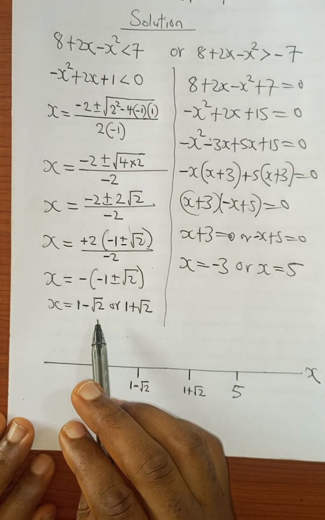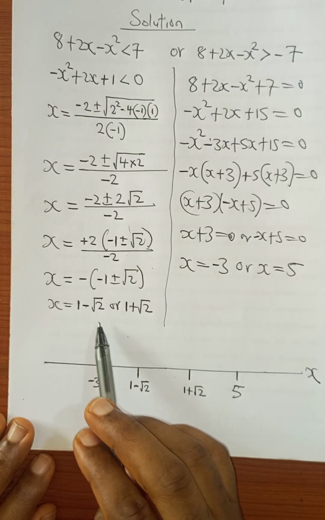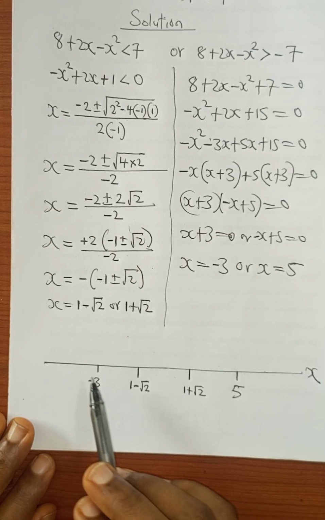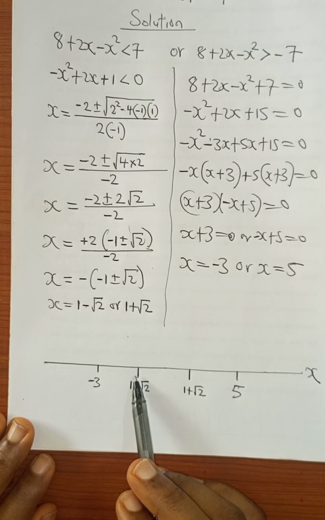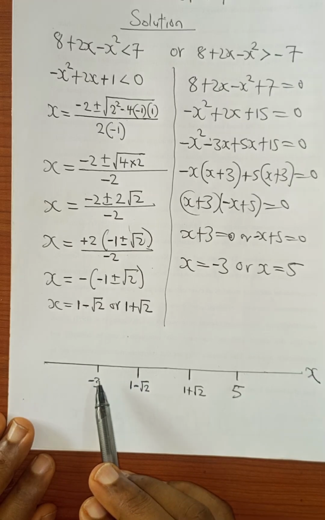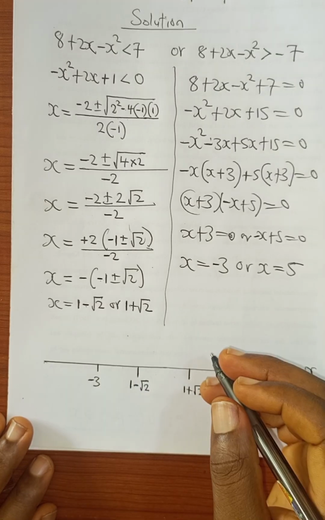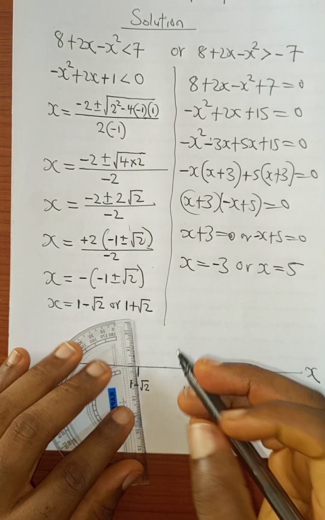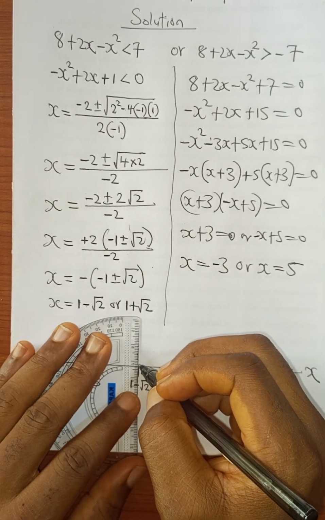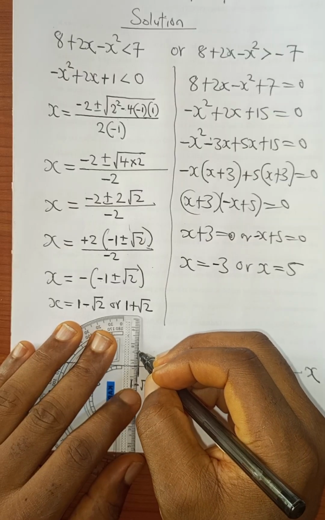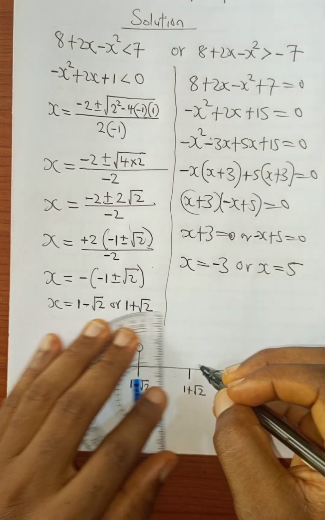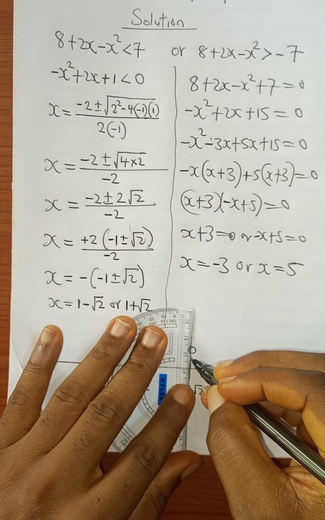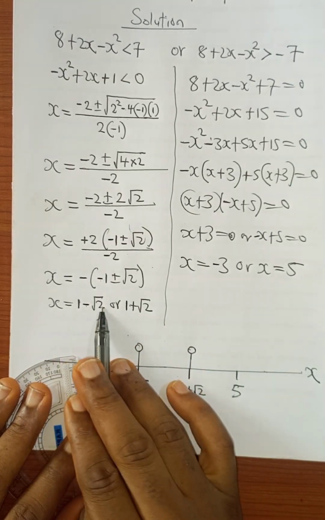Now let's see how it works. Let's represent this part first, which is this 2. Then we'll represent this part. We're dealing with less than, so we're not shading anywhere. Let's check here.